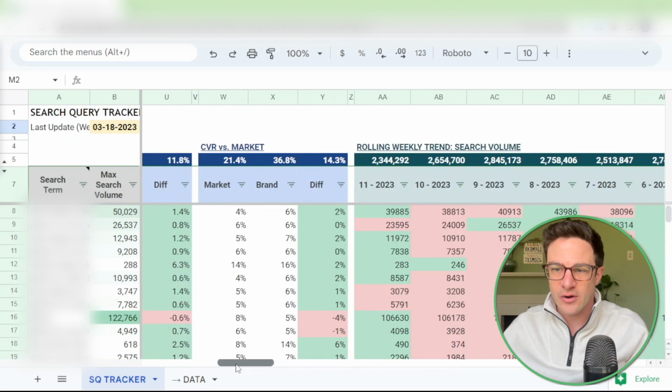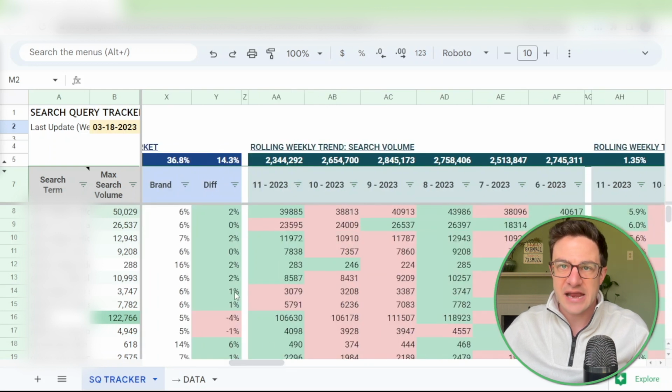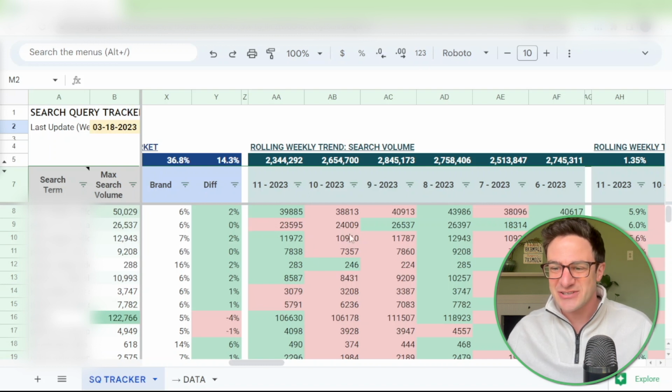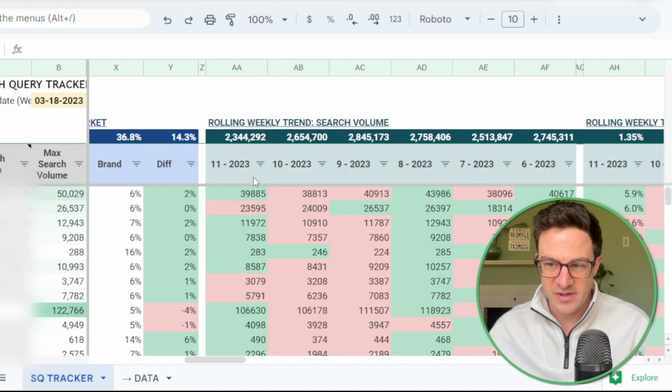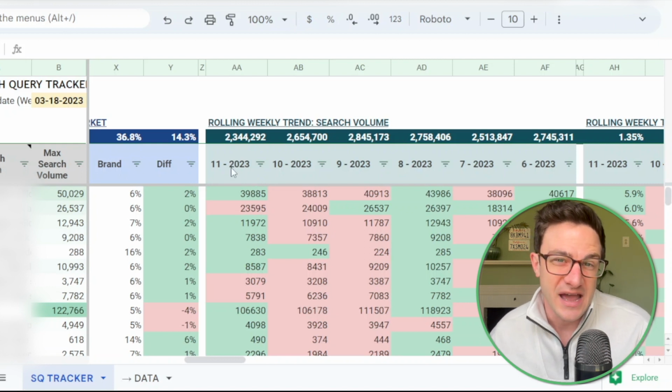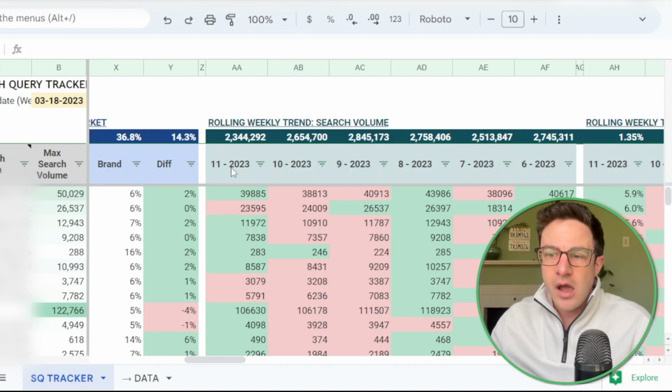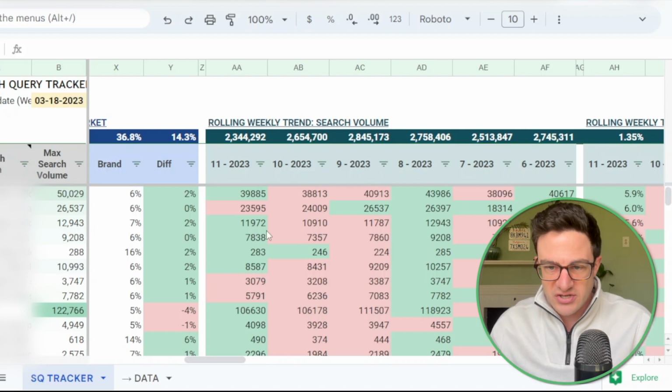Now, as we get over to the very end here, I know talking with my team, they had told me that once they scroll over to the very end of this page, this is what they're really interested in. And this is the rolling trend search volume. And this is what I think too many people, they assume that search volume and traffic is always the same week to week when it's changing so much.